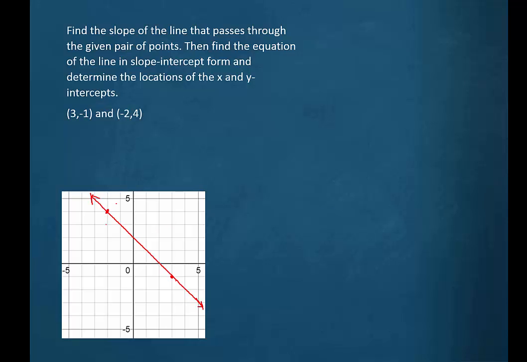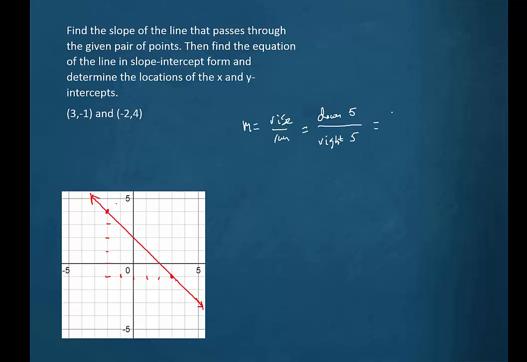If we count it off, we would just go 1, 2, 3, 4, 5. And then from there, we could go to the right: 1, 2, 3, 4, 5. So our slope, rise over run: in order to get from one dot to the next, we went down 5 and to the right 5.